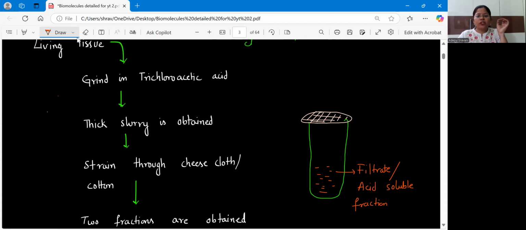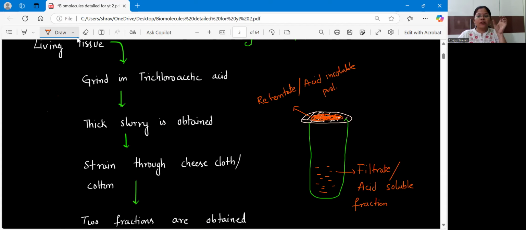And the one which did not get filtered will be retained on this cheesecloth, and this part we call retentate, otherwise acid insoluble pool. So these are the two fractions, or pools, that we get once you strain it: acid soluble and acid insoluble pool.